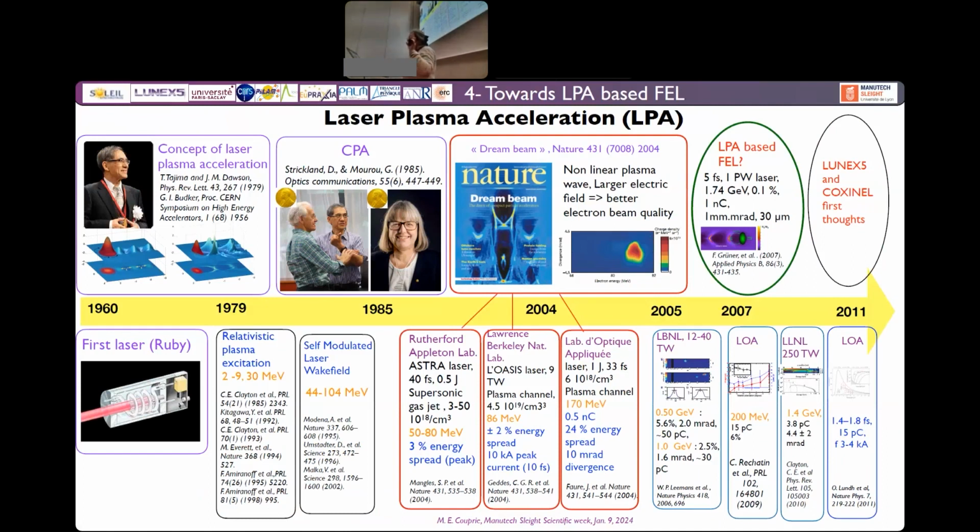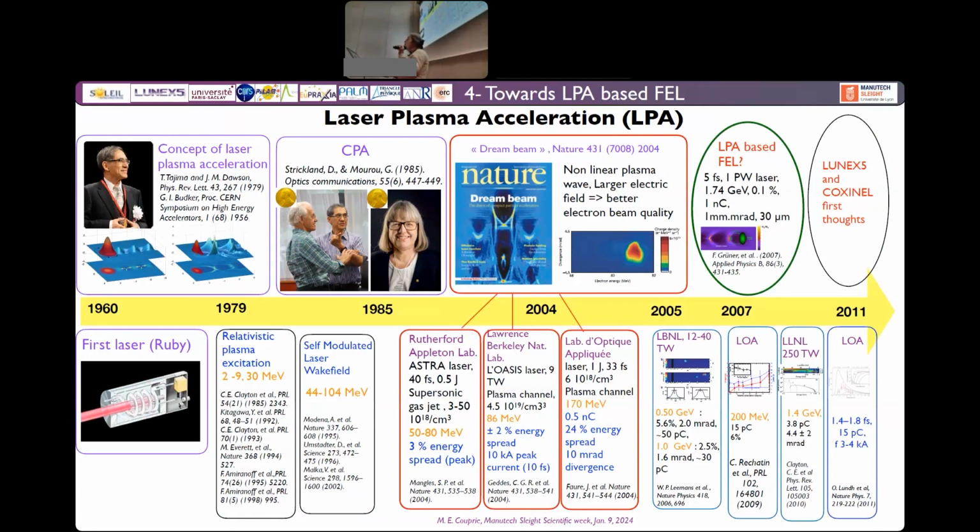But for us, from conventional accelerators and linear accelerators, we have an energy spread of 10 to the minus 4, 0.01%. So there are orders of magnitude difference in terms of energy spread. And if the energy spread is too large, the energy modulation can be washed out by this natural energy spread. Still, soon after these major results came the idea of whether an LPA beam could be used to drive a free electron laser.